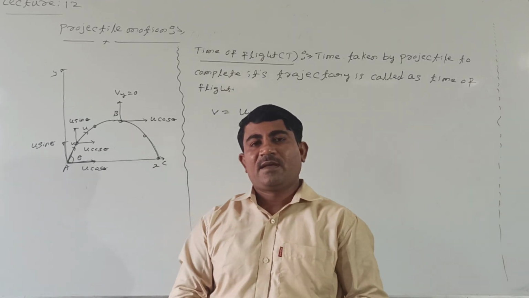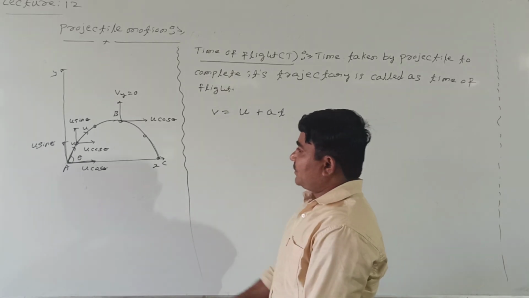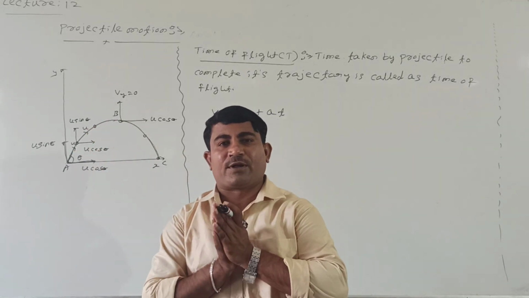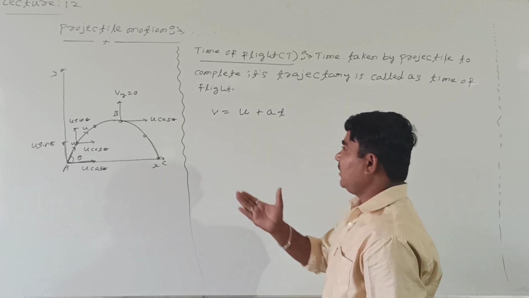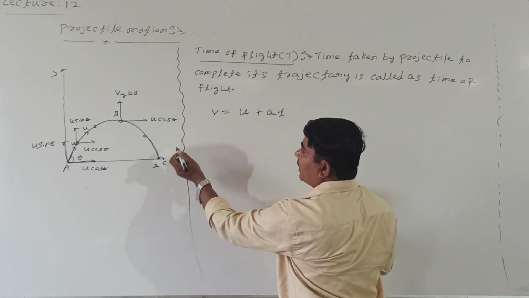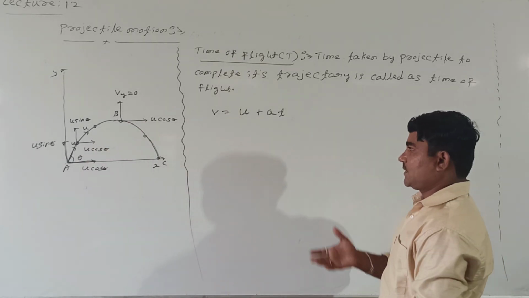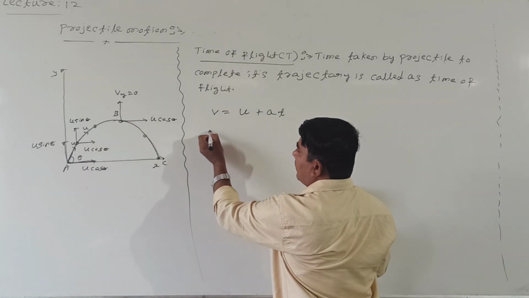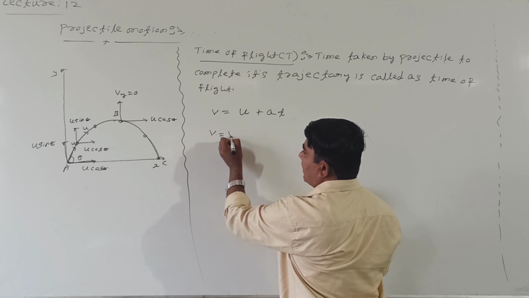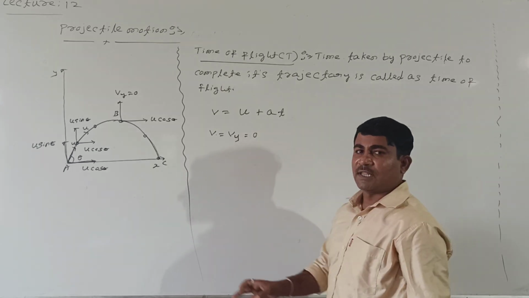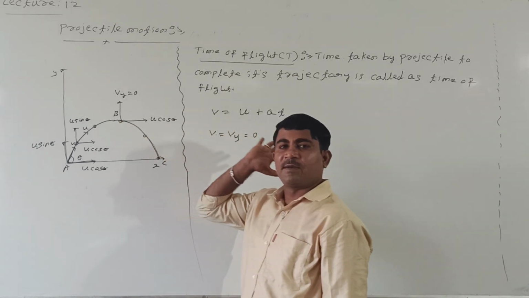But here, this is nothing but a freely falling case. Projectile motion is an example of free fall. For freely falling vertical motion, I am discussing from A to B. At the B point, V can be replaced by Vy, which is equal to 0 because at the highest point, the vertical component of the velocity becomes 0.